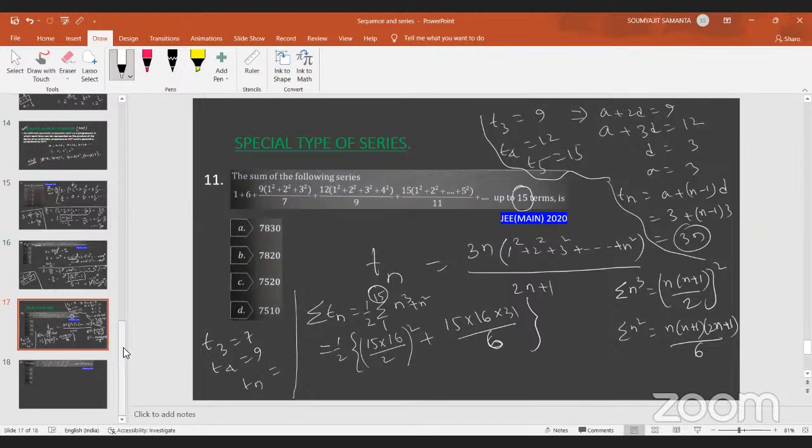Yes or no? Yes, sir. 1 by 2, this is 2 into 8, that is nothing but 120 square. 15 into 8, 120. What is the result? Tell me after simplifying.